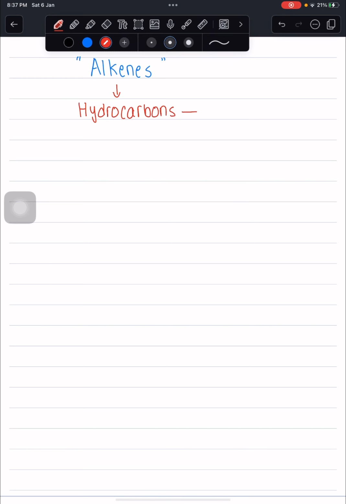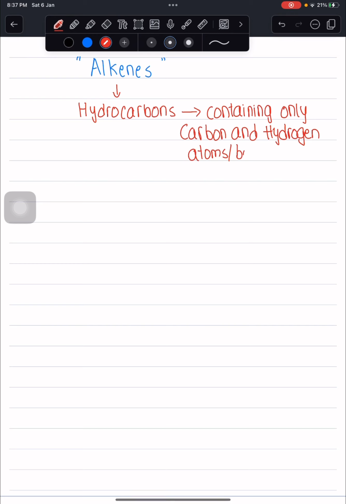It means containing only carbon and hydrogen atoms, or we can say bonds. You won't see any other element in hydrocarbons, for example oxygen or any other. So basically alkenes are hydrocarbons, and hydrocarbons contain only carbon and hydrogen atoms or bonds.